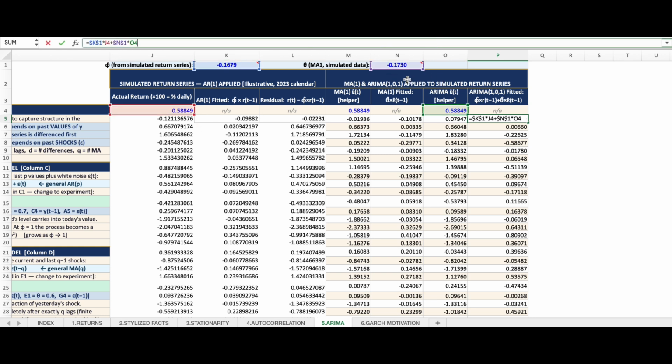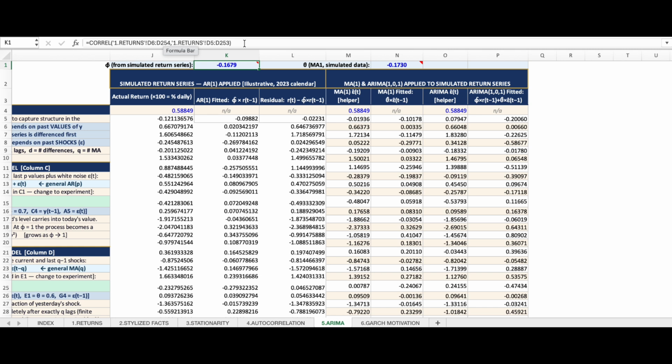The AR coefficient phi hat is approximately minus 0.168. How do we get that? It is the lag 1 autocorrelation of the full return series, which we computed using CORREL. This is actually a method of moments estimator for AR1 because we need some approximation for phi. So we base it on the lag 1 autocorrelation.